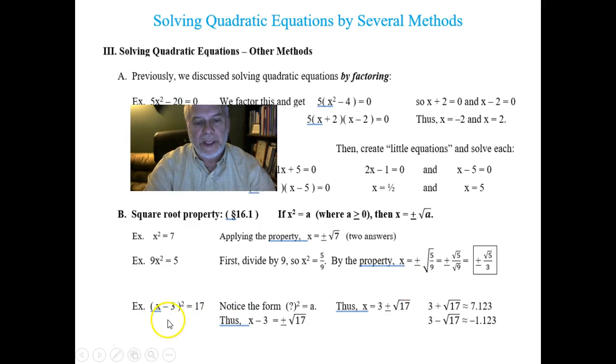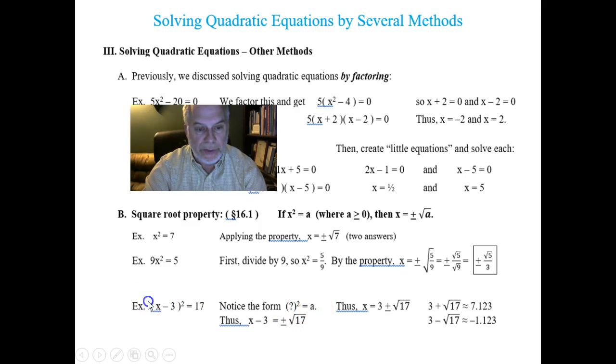All right. In the next example, I actually have something squared already isolated. I've got (x minus 3) squared, so I don't want to try to move the 3 yet. I'm all ready to just take the square root of both sides. I've got it in the form of something squared equals a number.